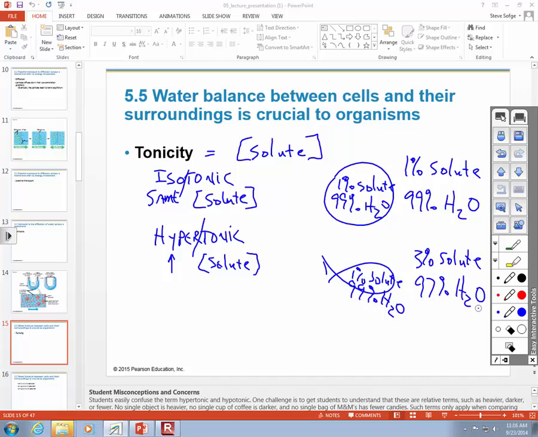So the water concentration of the fish is greater than the water concentration that it's swimming in. So osmosis tells us water is always going to move from where you have more water to where you have less water. So water is going to come out of this fish and go out into the ocean. It will dehydrate the fish.